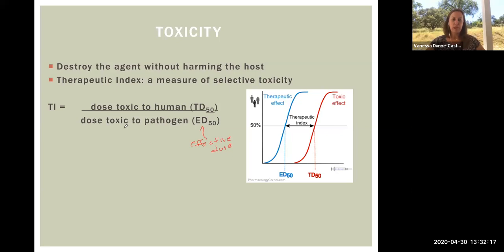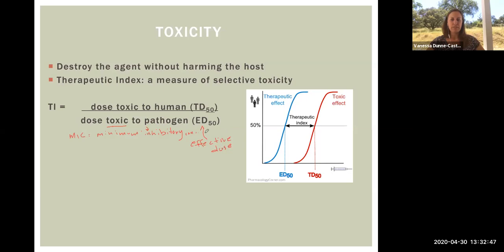Now for antimicrobial medications, what we're trying to determine is the dose at which it becomes toxic to the pathogen. And we'll talk about this in a little bit at the end of these next set of slides, but we can also use the minimum inhibitory concentration, or MIC, to determine the dose that it becomes toxic to the pathogen.